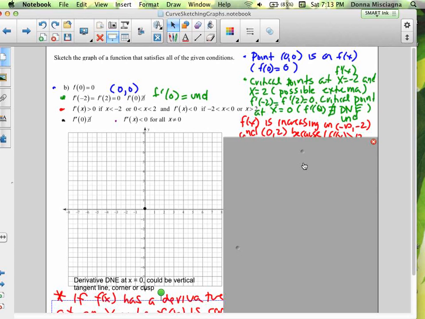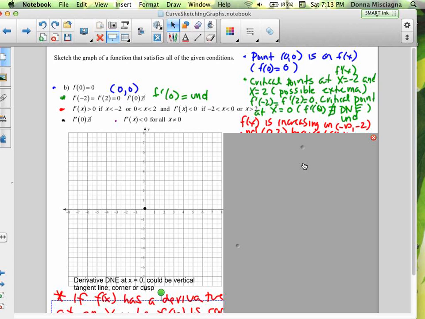F prime of negative 2 and f prime of 2 equal 0. There's also a critical point at x equals 0 because f prime of 0 does not exist. It's undefined. All right, so we have that piece of information from the first derivative.